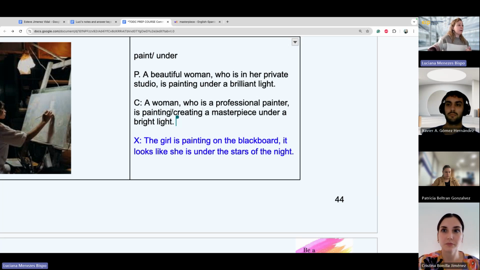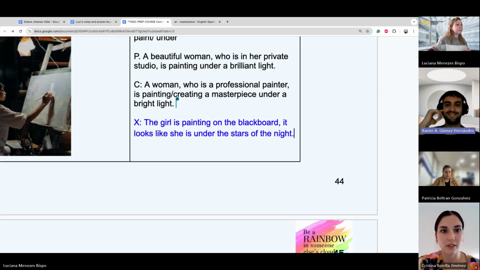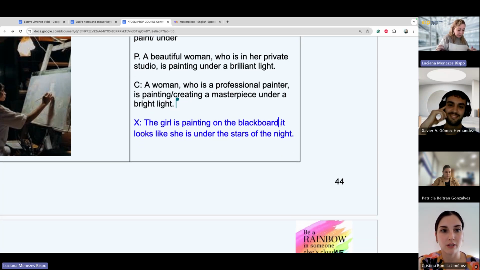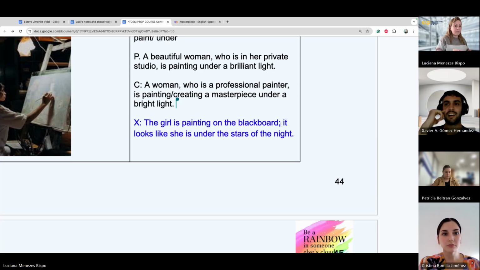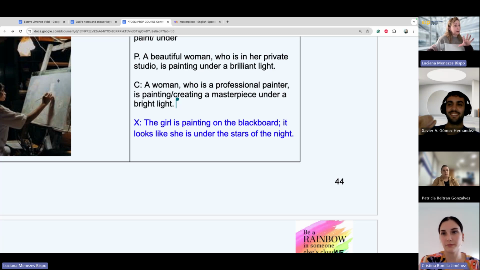Okay. All right. And the girl is painting on the blackboard. It looks like she's under the stars of the night. Wow, we have a poet in the classroom. The only thing I need to fix is this, because it is a new idea. I always forget. It is not a blackboard, by the way.